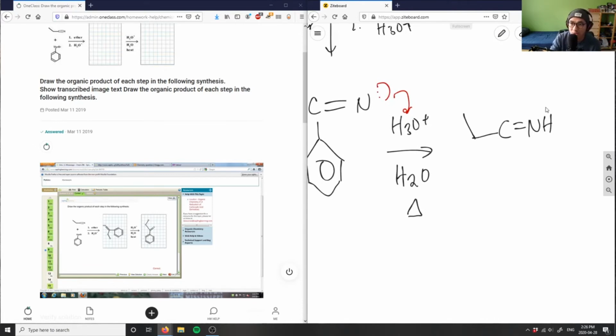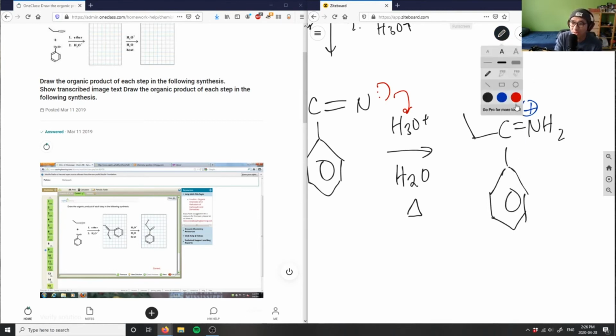So this step is going to actually happen twice here to get NH2, and this would make this nitrogen a positive charge here, and then I would have a benzene like so. This makes it a good leaving group for this OH to come and attack it, right? This OH here has a negative dipole.